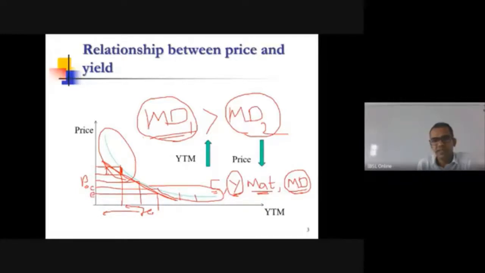But in this area, for the same yield change, price change is high. When the yield is low, modified duration is high. When the yield is high, modified duration is low. So the best thing is to go back to a worksheet like this.